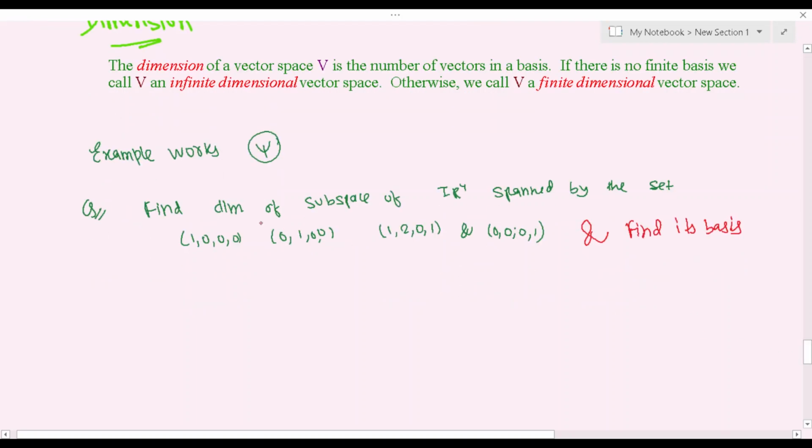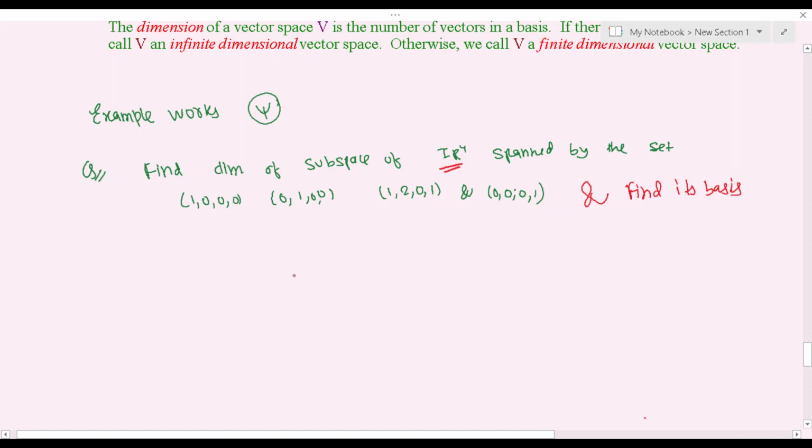Here, I will show you by an example. Suppose you have to find the dimension of a subspace in the fourth coordinate space, spanned by the set of these four vectors, and we have to find its basis. So how do we calculate it? Consider 4 constants alpha, beta, gamma and delta, and linearly combine these vectors: beta (0, 1, 2, 0), gamma (1, 2, 0, 1), and finally delta (0, 0, 0, 1), and equate this with the zero vector.